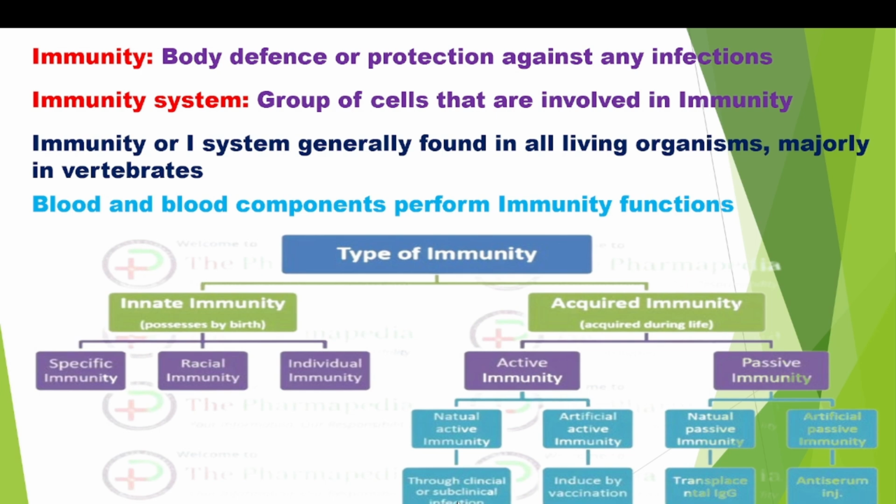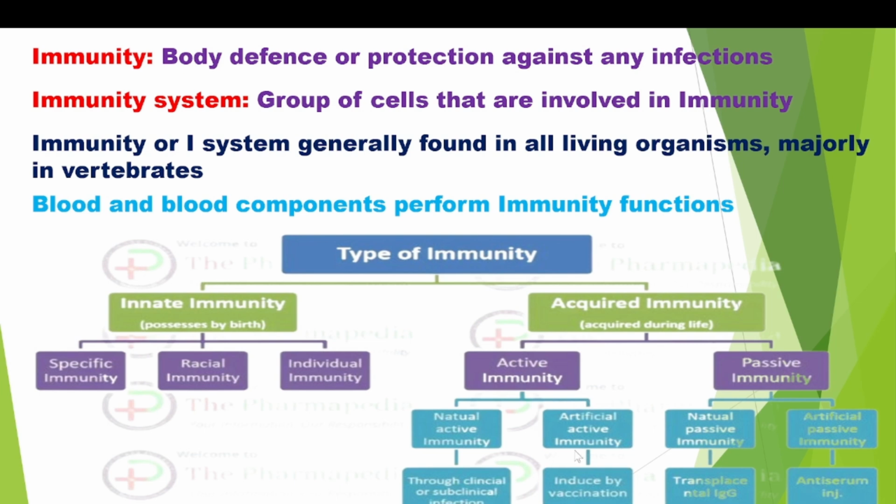Whenever an infection takes place in the organism, subsequently it becomes resistant to that infection. For example, smallpox, chickenpox. Whenever a person comes in contact with the smallpox virus, once he recovers, in his lifetime he won't get that particular disease. This is called natural active immunity.